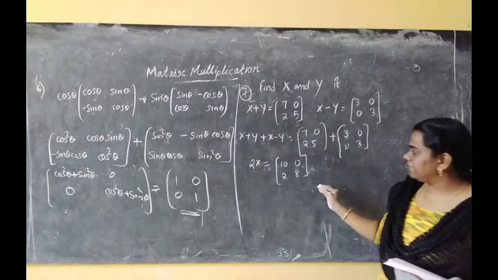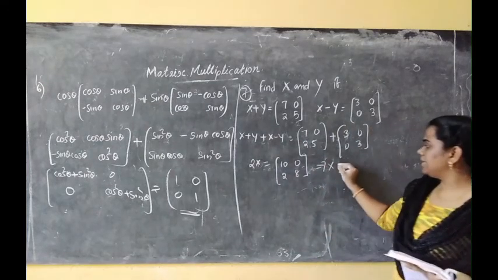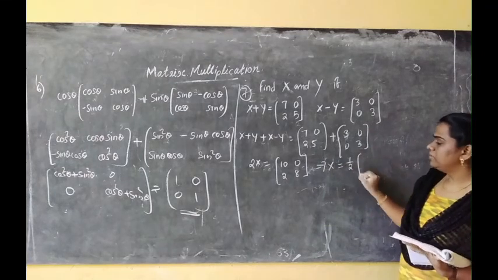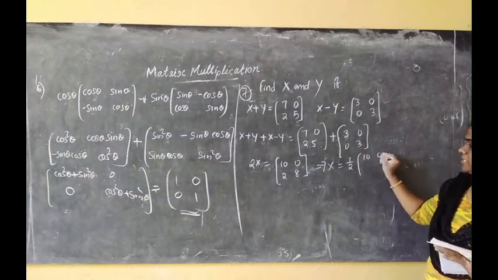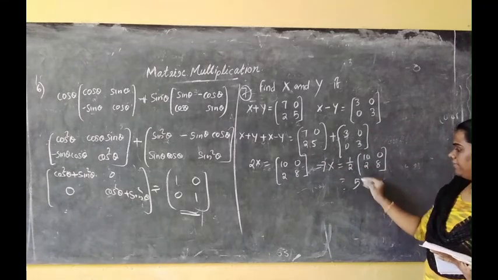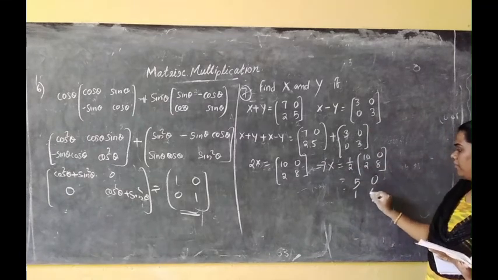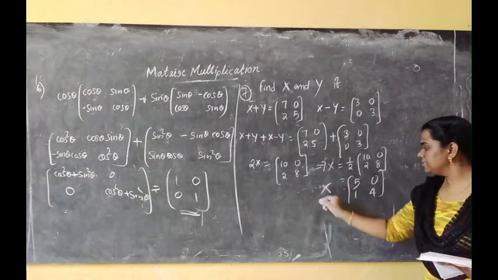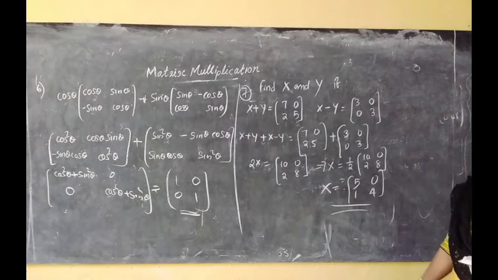That means x is equal to half of 10, 0, 2, 8. Dividing by 2, that is 5, 0, 1, 4. This is matrix X. Understood?